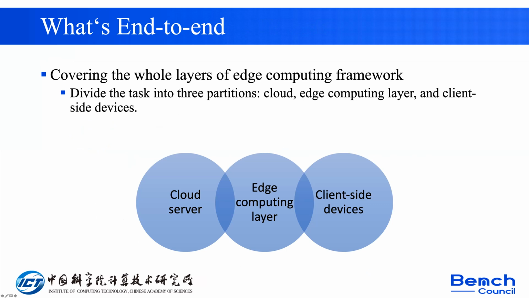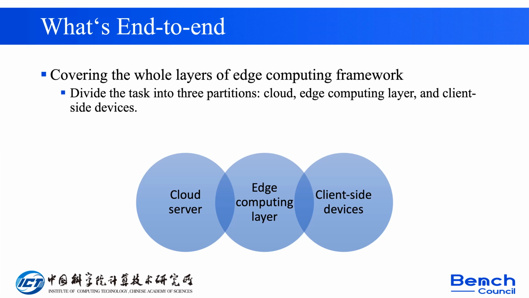In the previous page, we mentioned that Edge AIBench takes an end-to-end view. So what is end-to-end? Actually, there is some work on edge computing benchmarking, but they all focus on one layer, such as inference on edge computing devices.